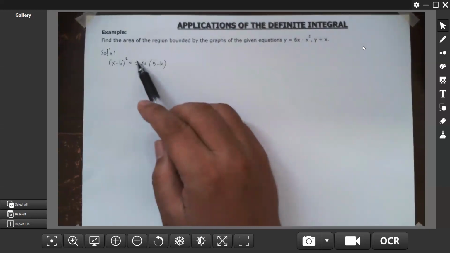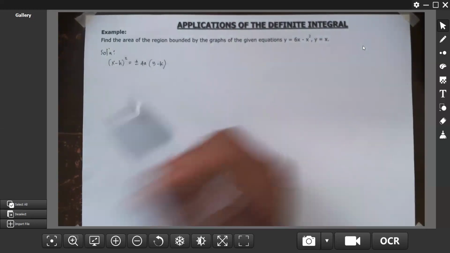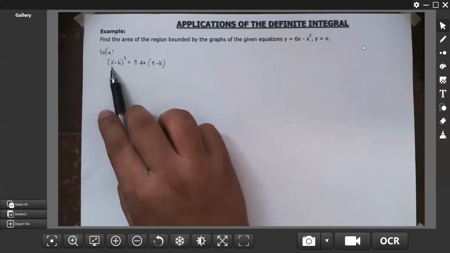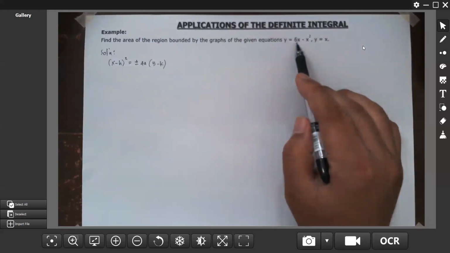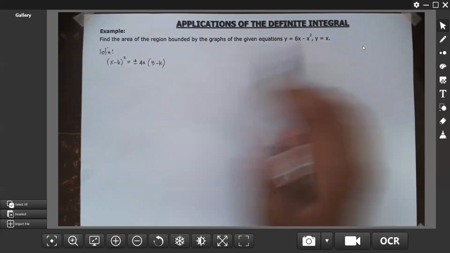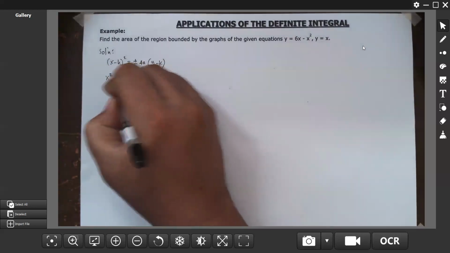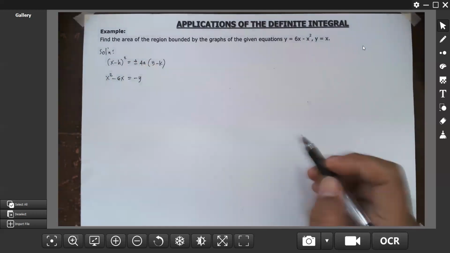If positive, upward. If negative, downward. So, what you will do is take note that the left side of the equation is a perfect square. So, we have to use completing the square to make this one a perfect square. If we rearrange this one, we will have x squared minus 6x equals negative y.